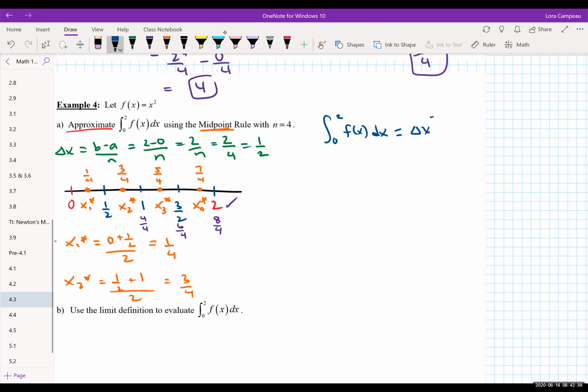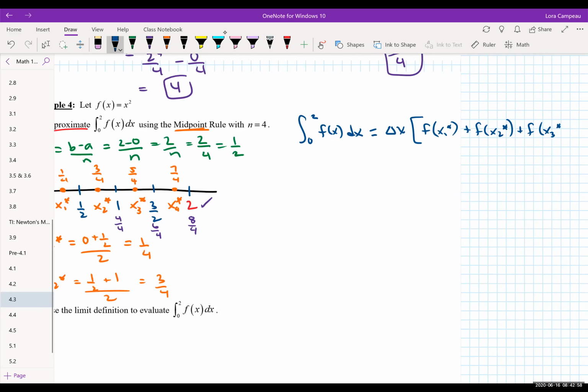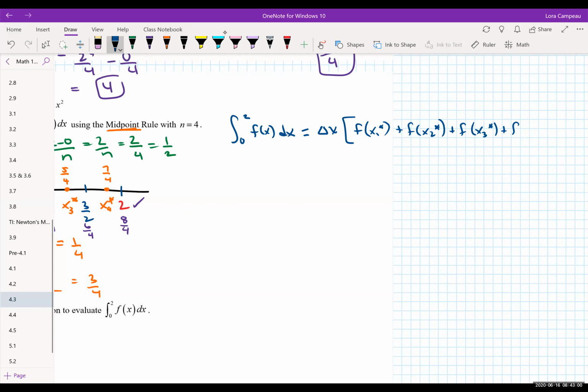So I'll give you the generic version. If we factor out the delta x, that was f of x sub 1 star plus f of x sub 2 star plus f of x sub 3 star plus f of x sub 4 star.